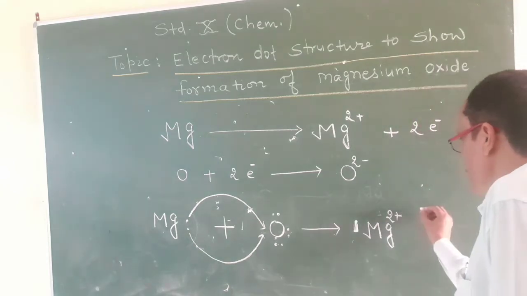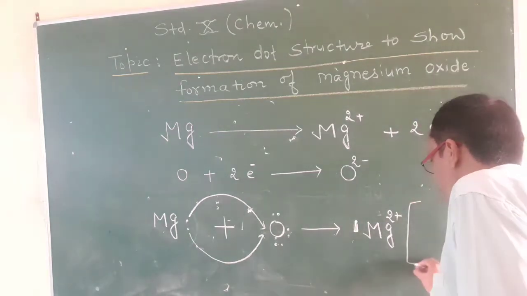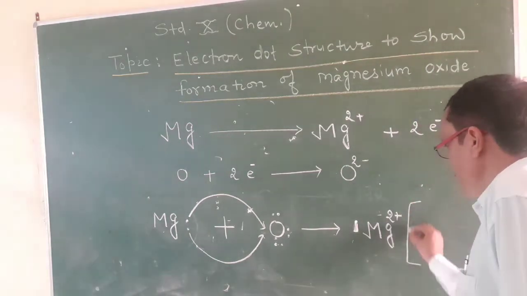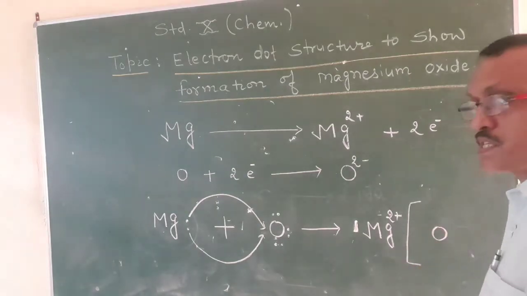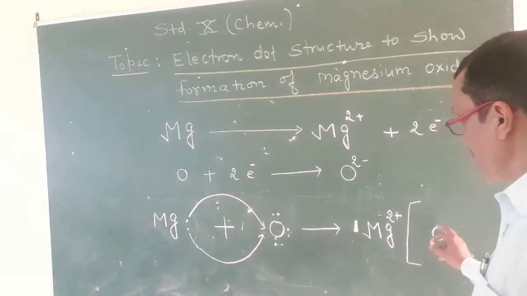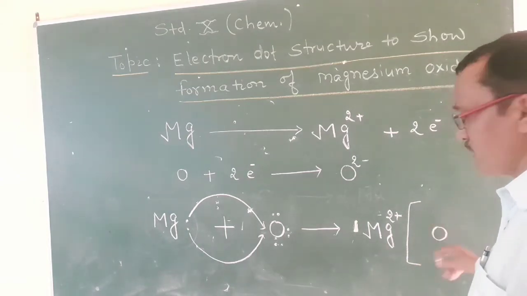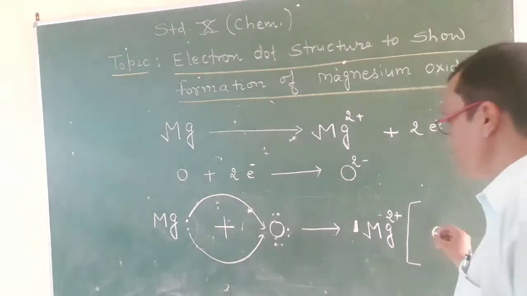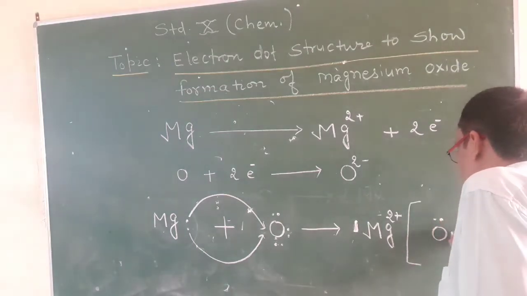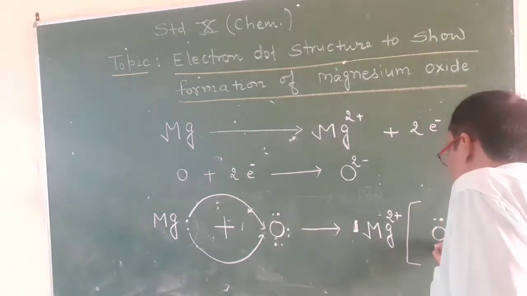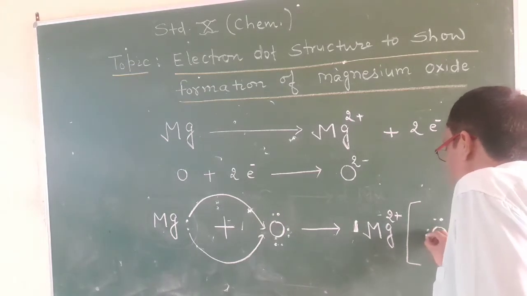Now oxygen is accepting the electrons, so to show the oxygen you have to give the big bracket and then the symbol of oxygen, and now you have to show the 8 electrons around this oxygen, giving dots in pairs. So 2, 2, 2, 2.